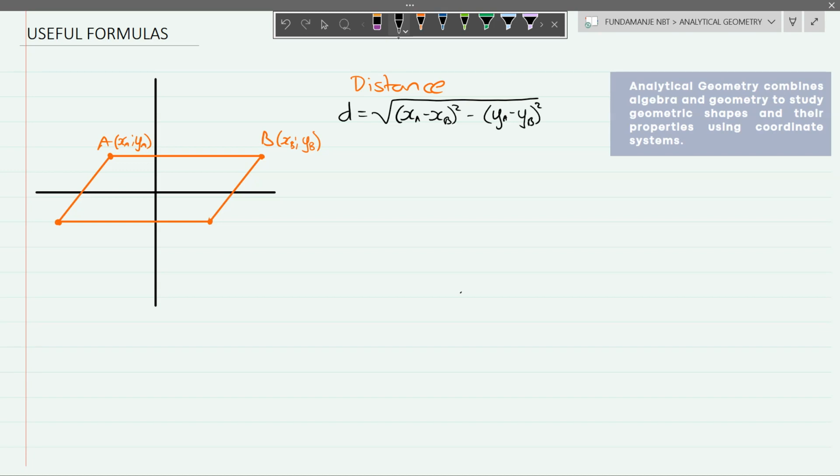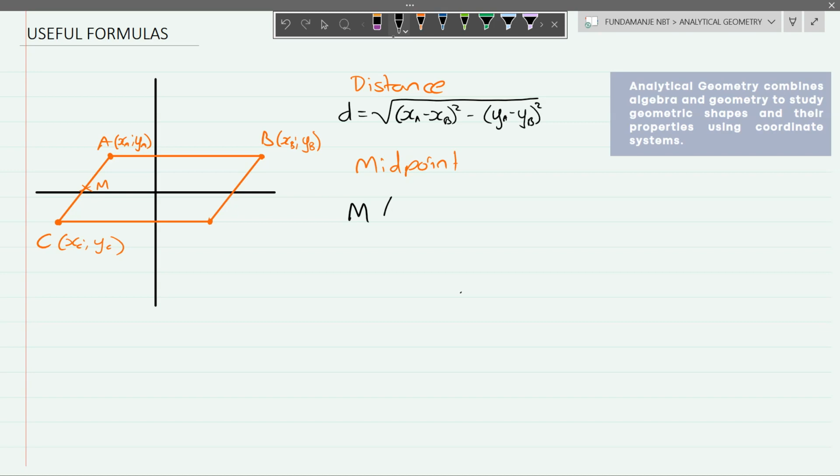But what if I'm looking for, let's say, the midpoint between A and C? I'm looking for the midpoint, which would lie somewhere over here. We can call that point M. So AC would be this line over here, meaning this will be XC and YC. Therefore, if we're looking for the midpoint, we use the following formula.